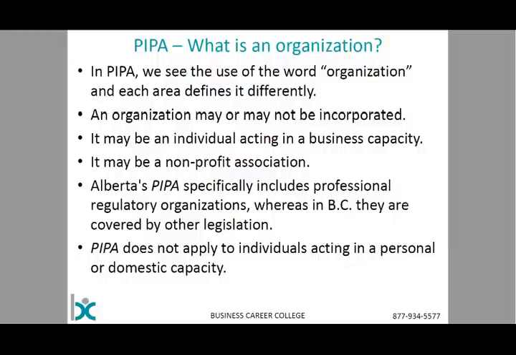It may be a nonprofit association in some cases. We'll look at an exception to that later. It also can be a professional regulatory organization in Alberta. In BC, it can't be a professional regulatory organization because that's governed under BC's equivalent to the Privacy Act.